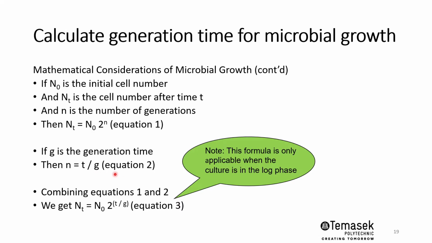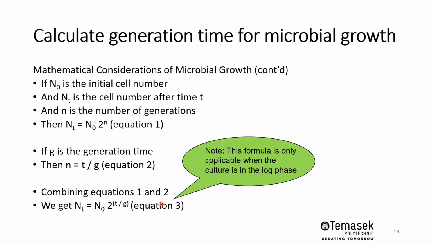If you combine equations 1 and 2, we will get the formula Nt equals N naught times 2 to the power of t divided by G. Nt is the cell number after time t, N naught is the initial cell number, multiplied by 2 to the power of n, where n equals time divided by generation time.